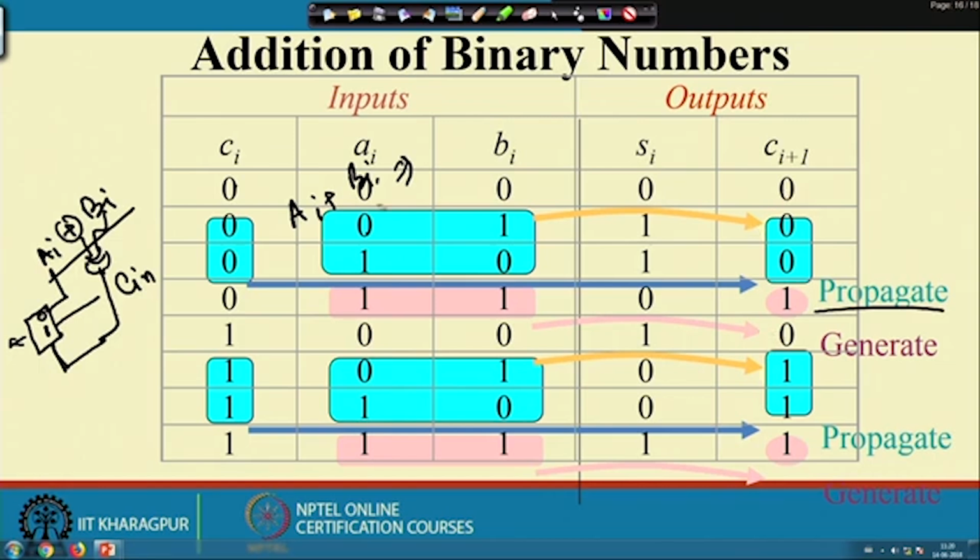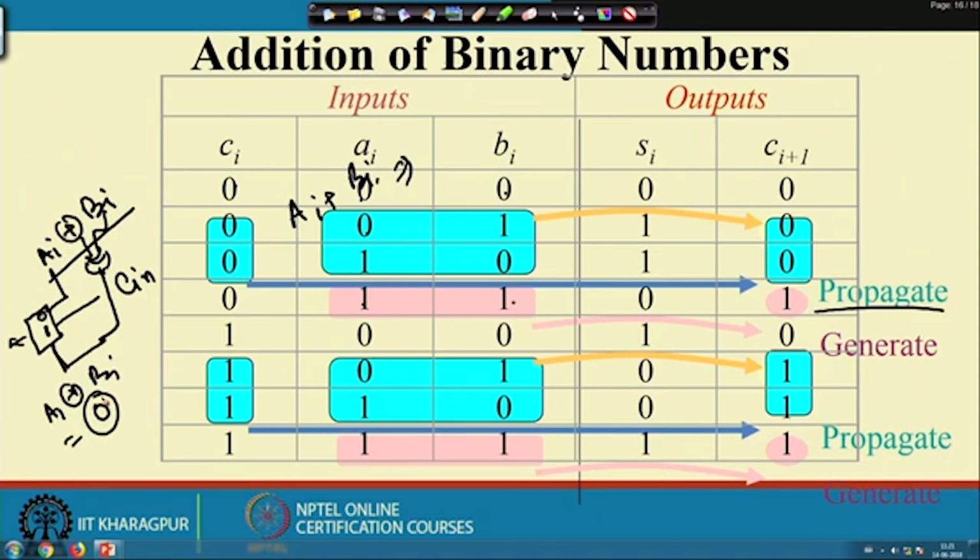No. For 0 and 0, for 1 and 1, this A I XOR B I will be 0 in both cases. So, at that time I need to select this 0 line, and the output of C I is 0 at this particular point, and 1 here for 1 1.